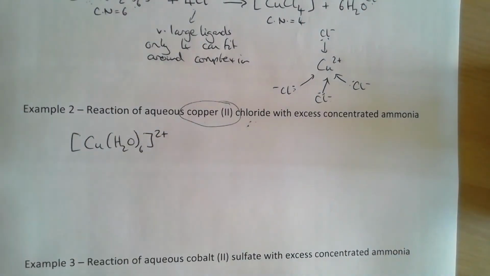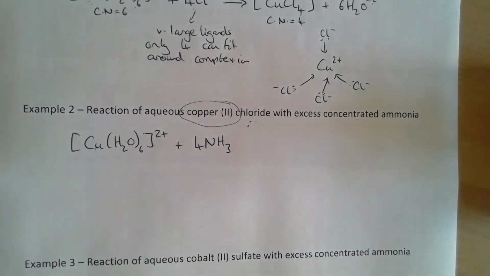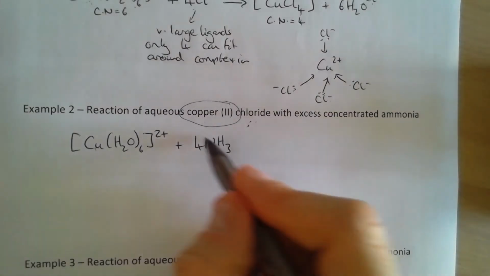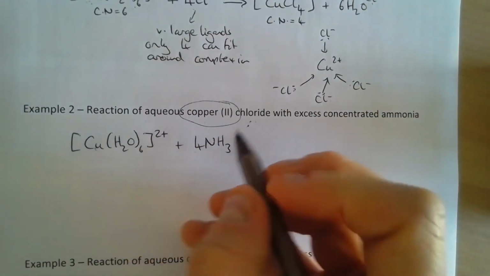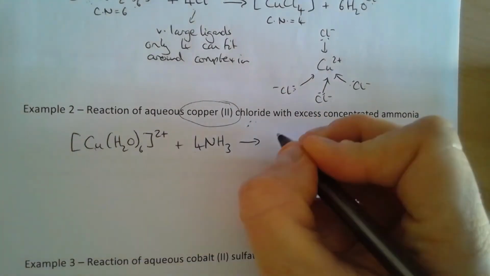So let's draw our hexa aqua copper 2 plus complex. Now this is an unusual reaction, and there's no way of explaining it really at A level. I can explain some of it to you when we get back if you want, but it reacts with 4 ammonias, but it is an incomplete substitution with no change in coordination number.